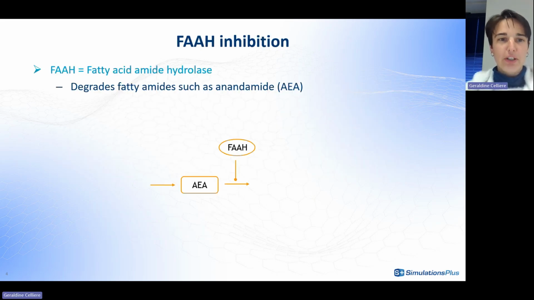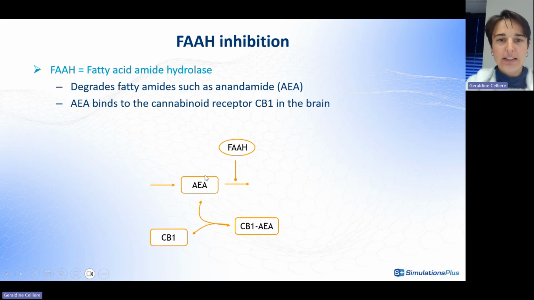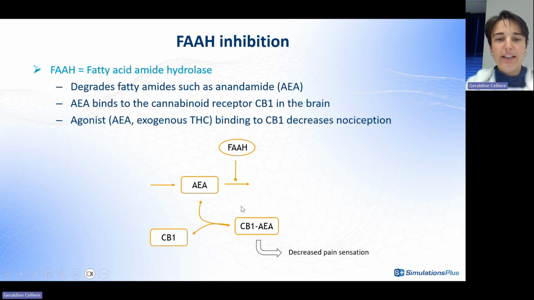So what we are going to look at is an enzyme called Fatty Acid Amide Hydrolase, so let's call it FAAH, and it degrades fatty amides such as anandamide, that we're going to call AEA. We are interested in these fatty amides because AEA binds to the cannabinoid receptor CB1 in the brain, and this binding decreases the perception of pain.